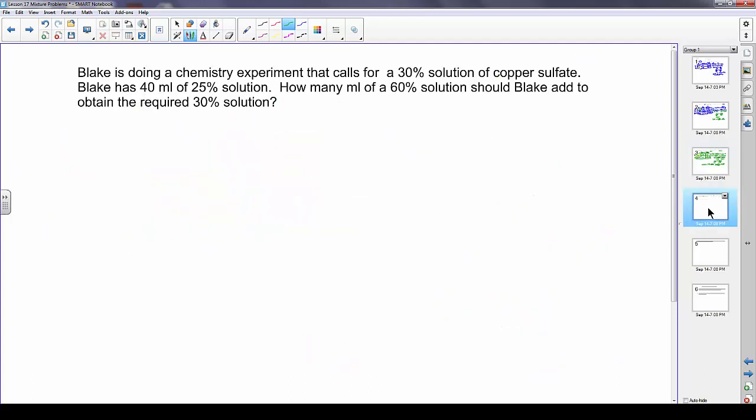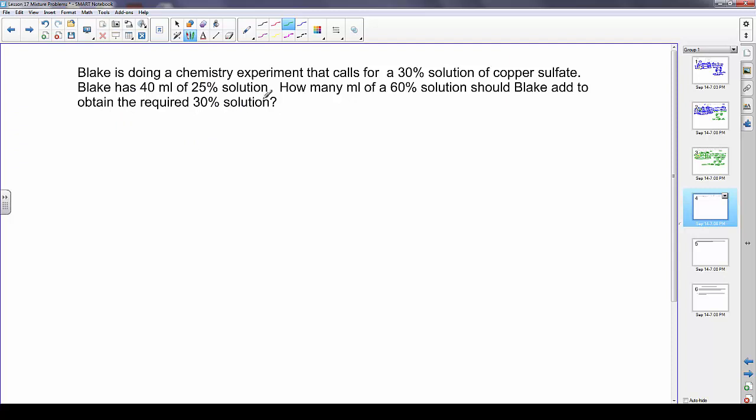Alright, now this problem is very similar to the coffee problem. It says this kid's doing a chemistry experiment where he's mixing a 30% solution of copper sulfate, and he's got 40 milliliters of a 25% solution, and we want to know how many milliliters of a 60% solution should he add to this 40% solution to make a 30% solution.